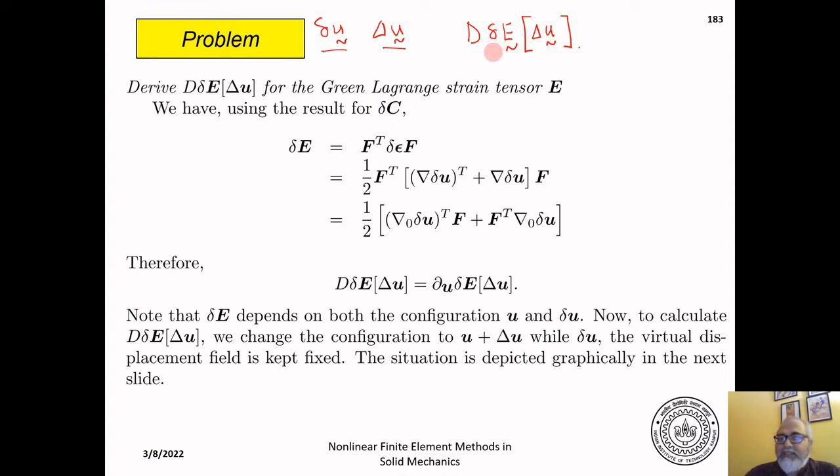Now, let us first look at δE. So we know δE, we know δC actually.